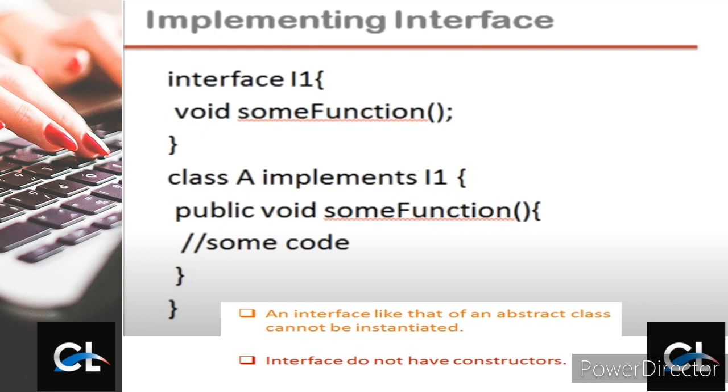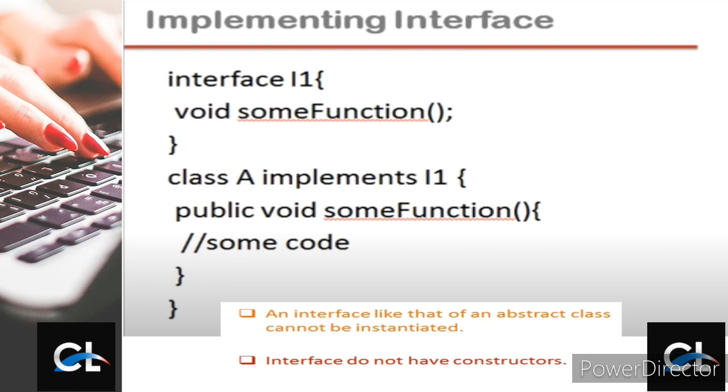Like an abstract class, an interface cannot be instantiated. An interface does not have a constructor, but an abstract class may have a constructor. This is the major difference between abstract class and interface.